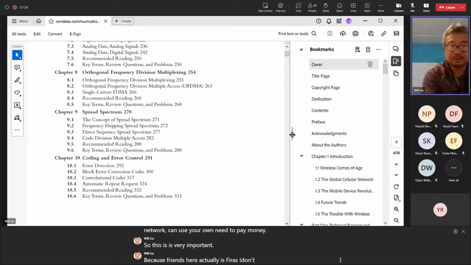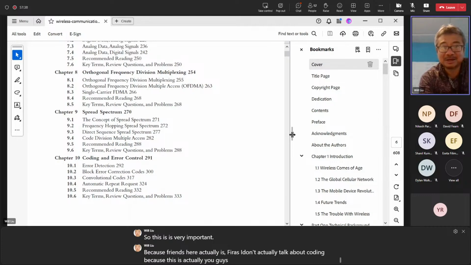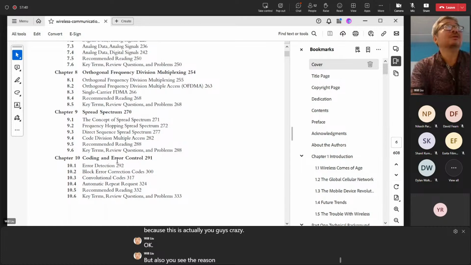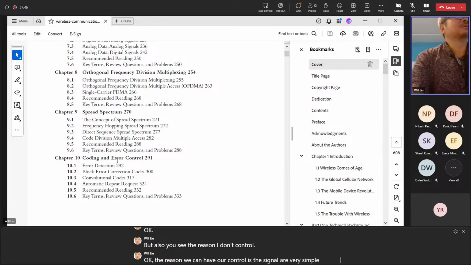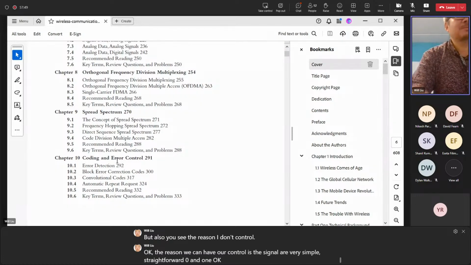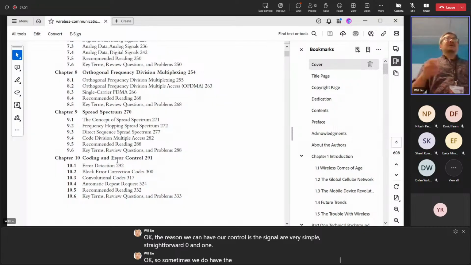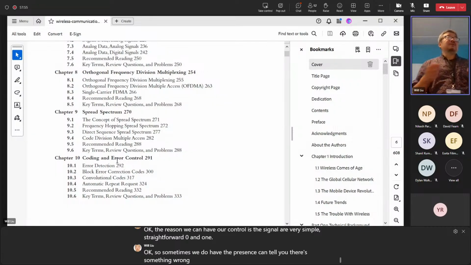I don't think we will talk about coding, because this is really hard. But you see there is error control. The reason we can have error control is that the signals are very simple, straightforward, 0 and 1. So sometimes we do have mechanisms that can tell you something went wrong while the message was being sent.